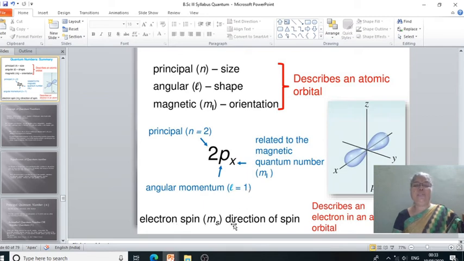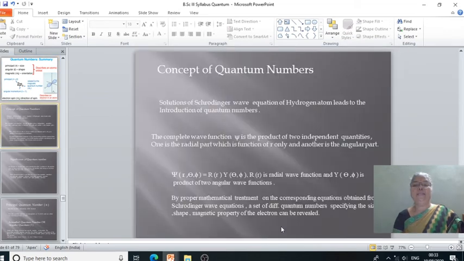Then the electron spin, the direction of the spin, it is either in the upward direction denoted by plus 1/2, and when the spin is in downward direction, it is represented by minus 1/2 value.